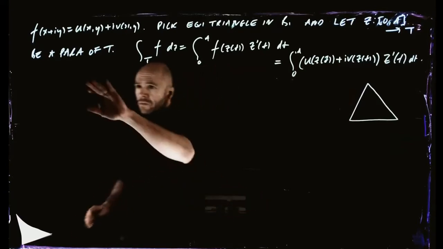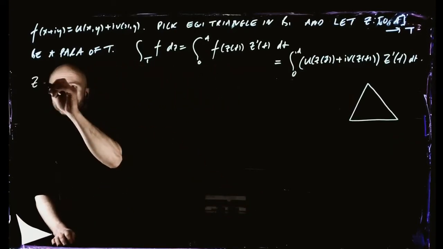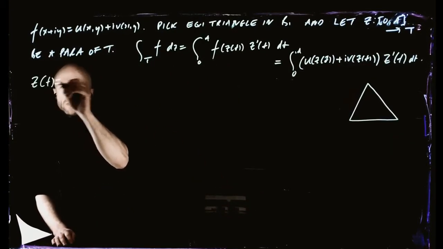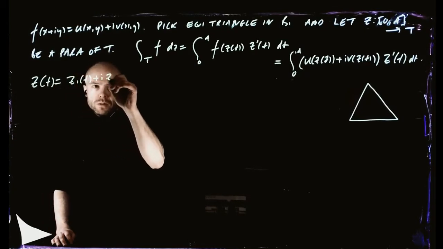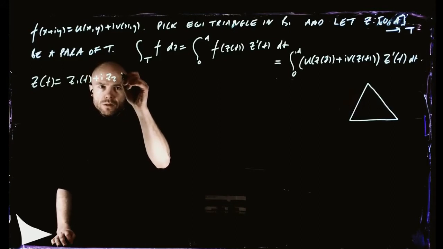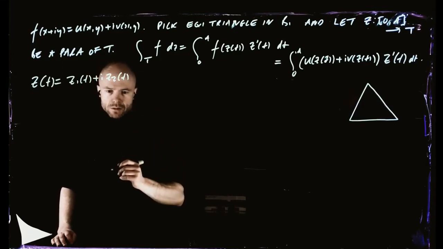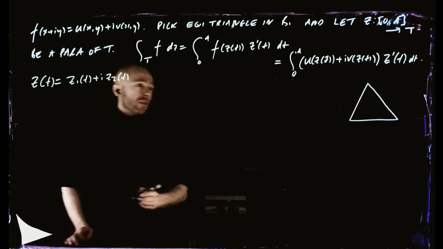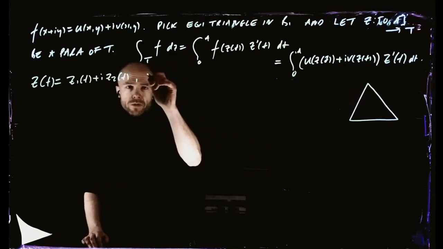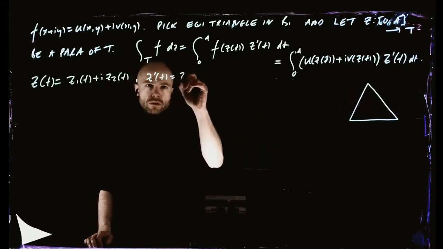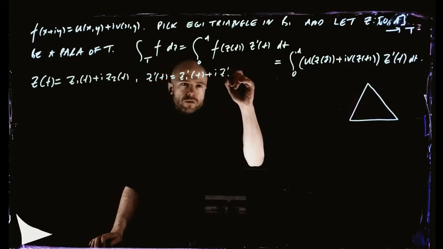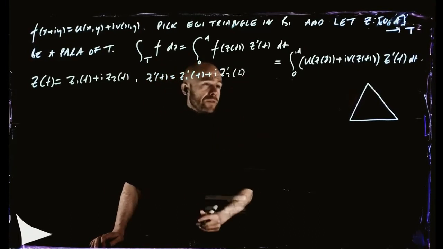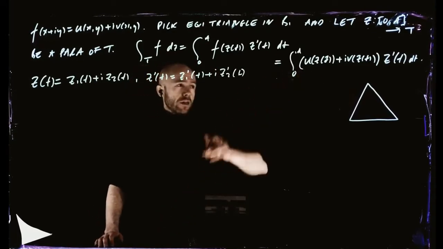So let's draw a picture of the triangle. So z(t) has coordinates z1(t) plus the imaginary coordinate i z2(t), like this. Yeah? So z'(t) equals z1'(t) plus i z2'(t). And let's put that into this.